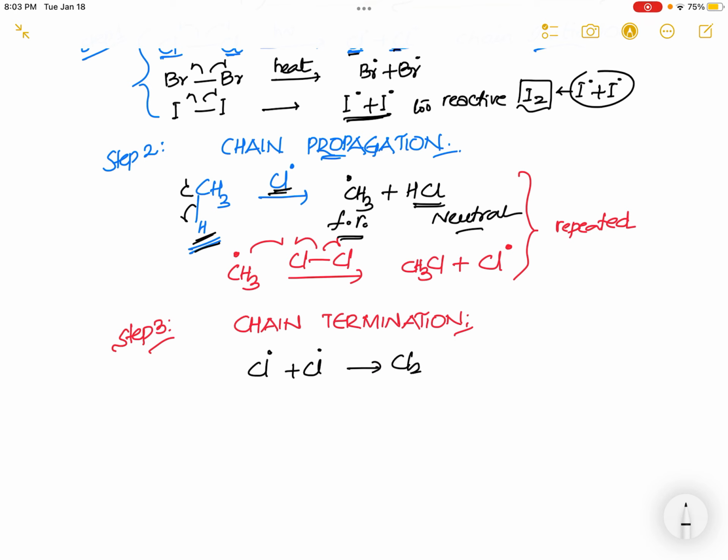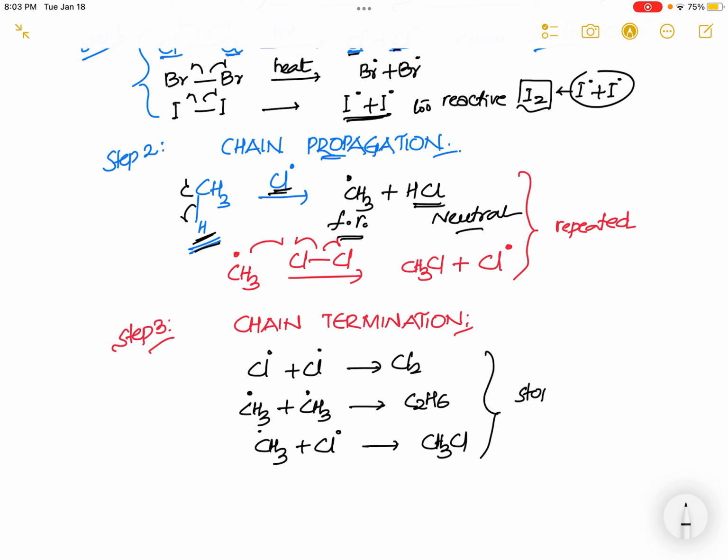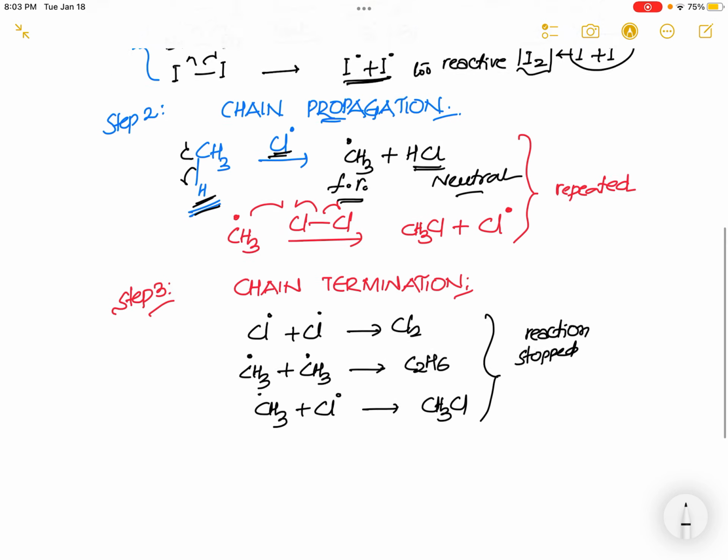That can be possible in different ways. Any two free radicals you can take, your choice. I am giving you the simplest example. Termination means the reaction is stopped here. So this is the free radical substitution reaction mechanism.